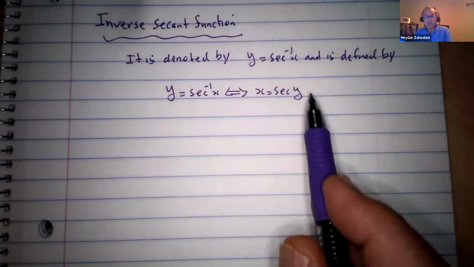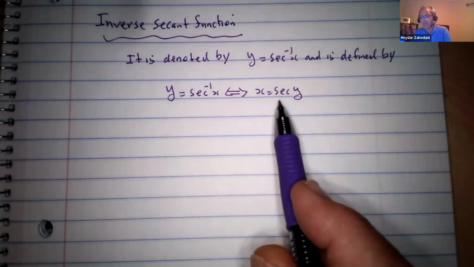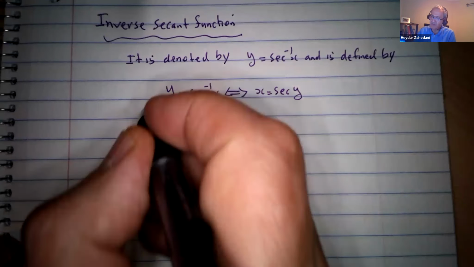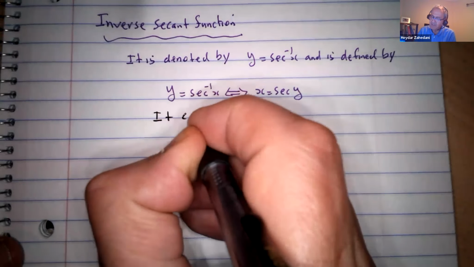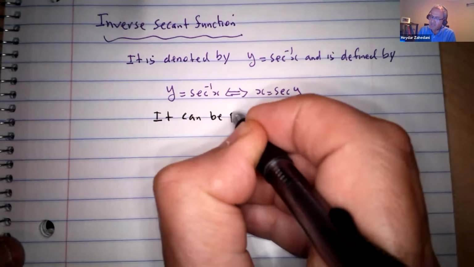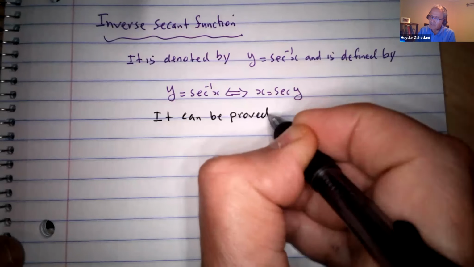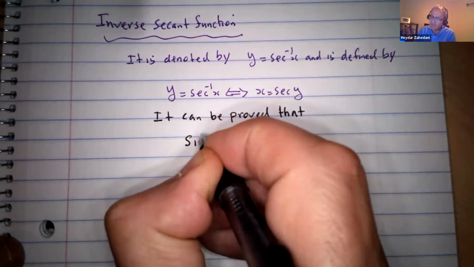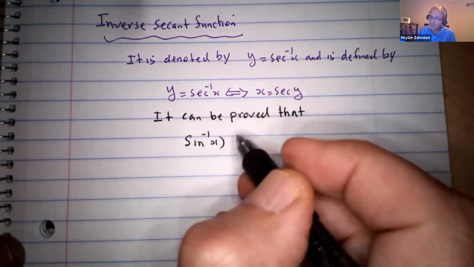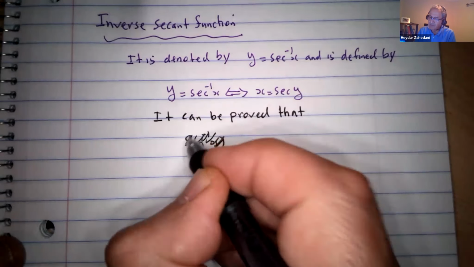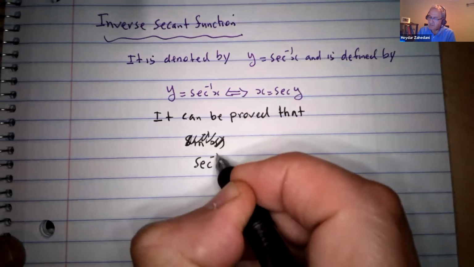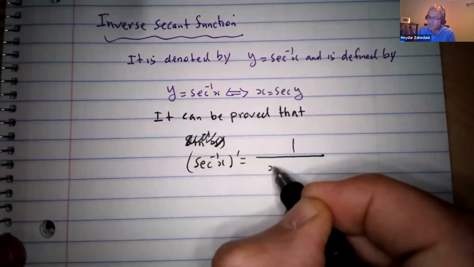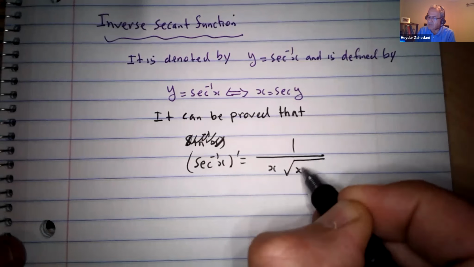If you differentiate both sides, that gives you the derivative of secant, tan. So your derivative is going to be, it can be proved if you like, this is the formula that you have to memorize, the derivative of the secant inverse of x is 1 over x radical x squared minus 1.